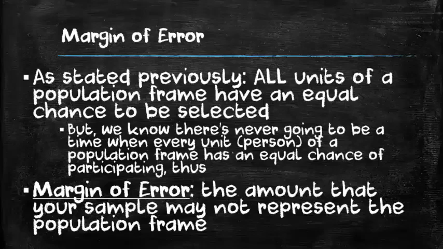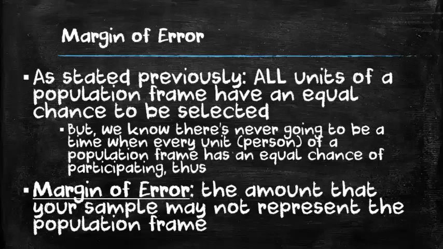The margin of error is the amount that your sample varies from your population frame. And so usually that's expressed in terms of a percentage. Generally speaking, it's a plus or minus, and you'll see it when you see statistical information reported.